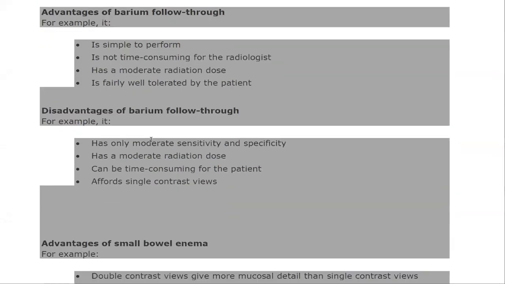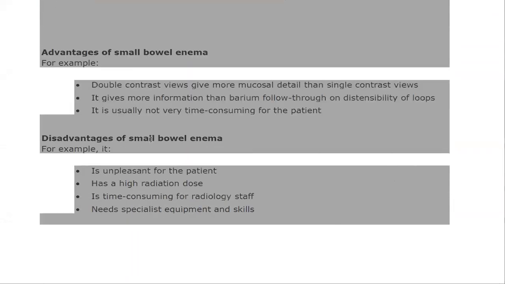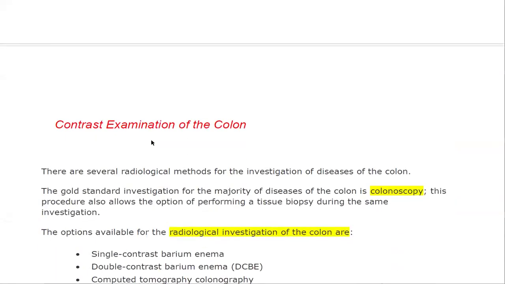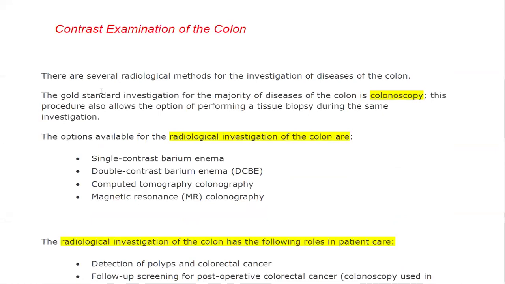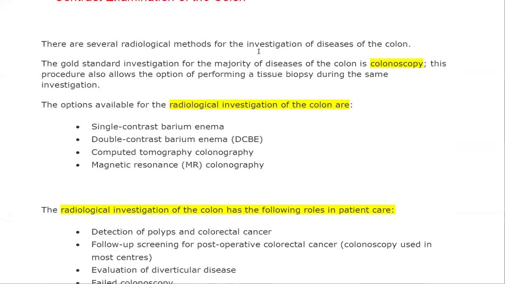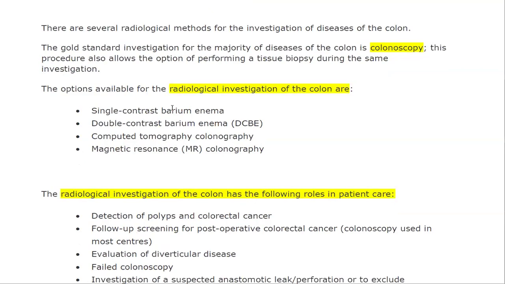Also, there are advantages and disadvantages of each modality, and it's not important. Regarding the contrast examination of the colon, the colon has a very wide range of investigations that can be used. Colonoscopy is the very common one, and it can give you a tissue biopsy.